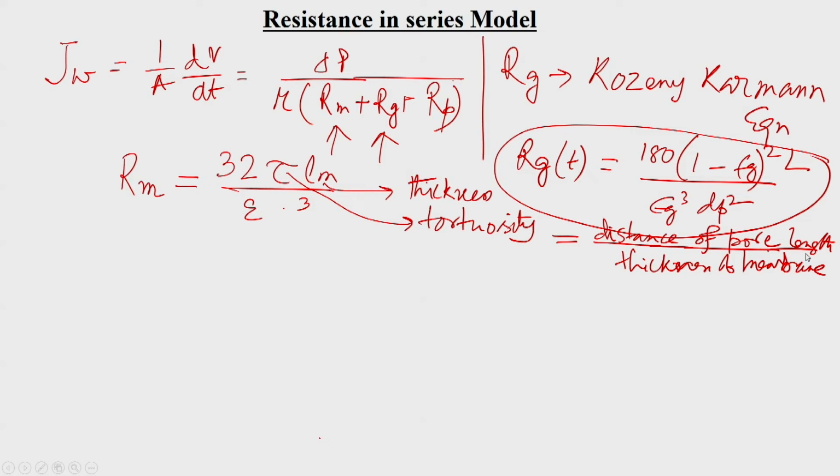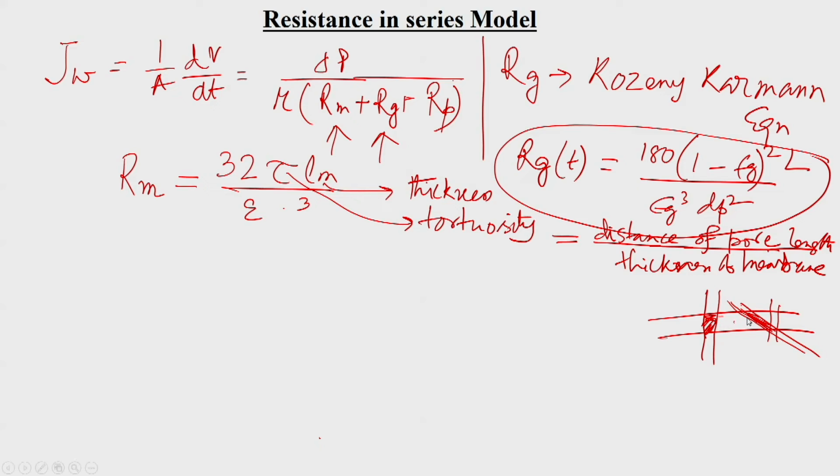Suppose this is the membrane surface and the pore is straight, then this distance is the same as the thickness, so the tortuosity will be 1. But if the pore is not straight, if it is tortuous or inclined like this, then it is this distance divided by the thickness.